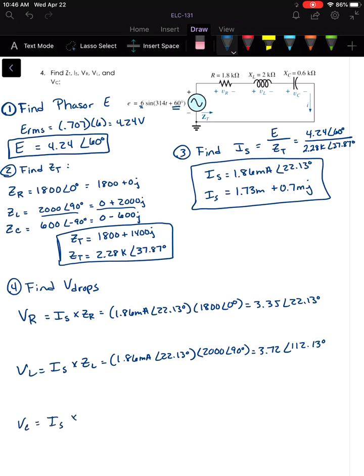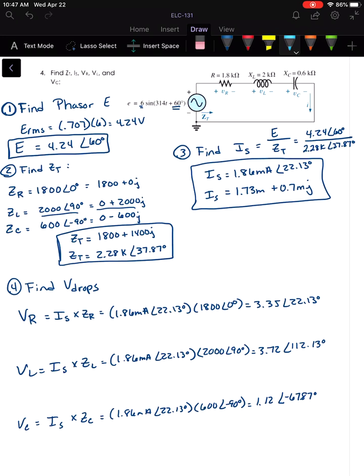And then skip a little bit, and then V sub C is the source current times ZC, which is 600 at negative 90. So there we're going to have 1.12 at an angle of negative 67.87 degrees.